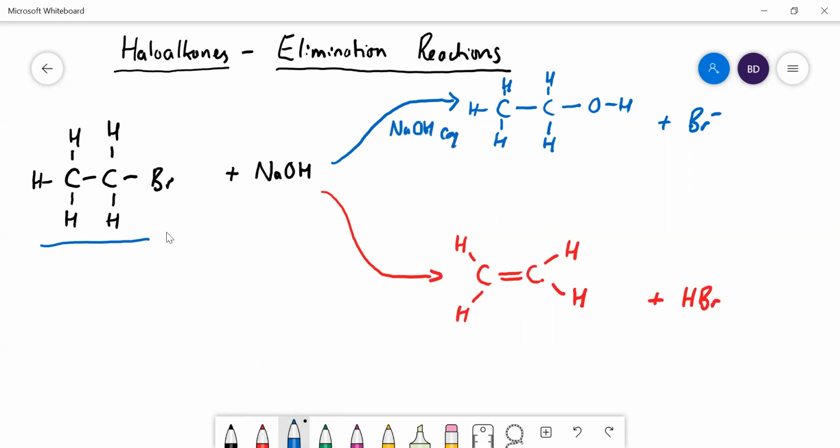You end up getting the alcohol and you get the bromide ion, and this is perfectly familiar to us. This is nucleophilic substitution. That's what's happened there. Substitution. And the OH minus has behaved here as a nucleophile.